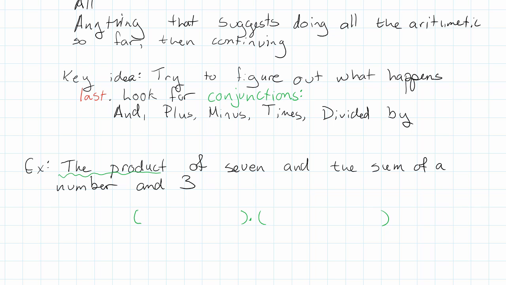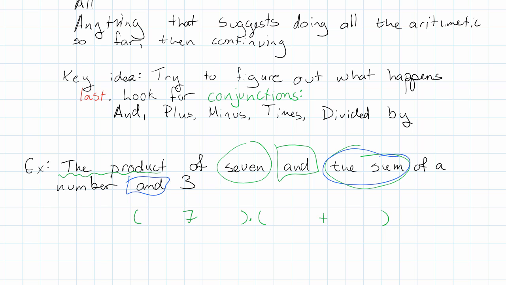So the product of one thing and another thing. So the product of 7 and the sum. What sum? The sum of one thing and another thing. So the sum of a number, let's call it x, and 3.